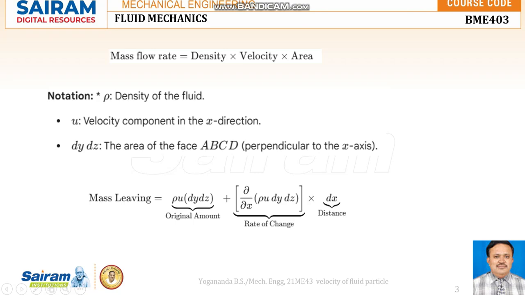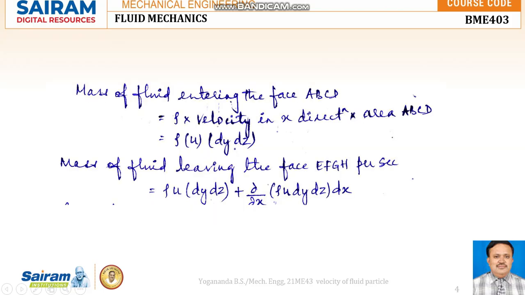So the mass of the fluid entering the face ABCD is rho into area of the face ABCD into velocity in x direction. So rho into u, and area of the face ABCD is dy dz.